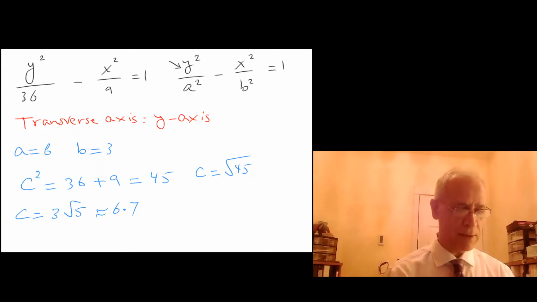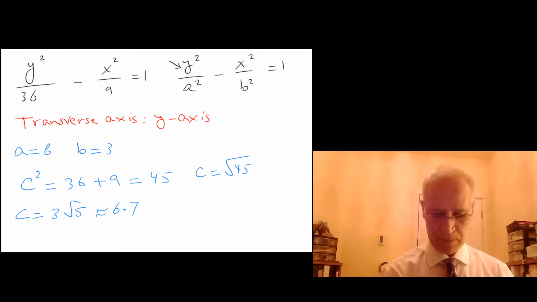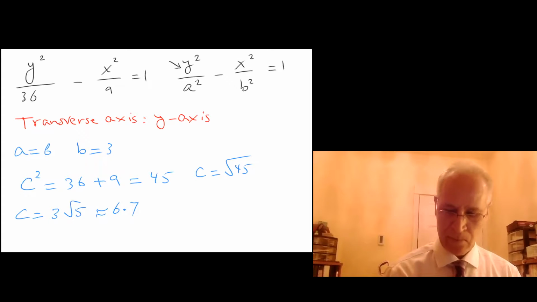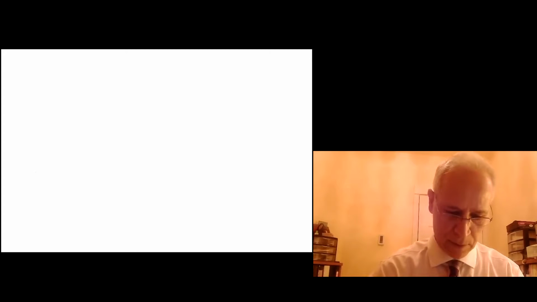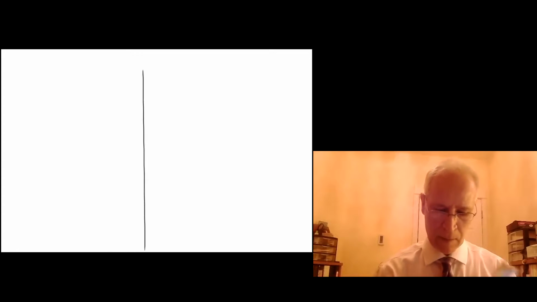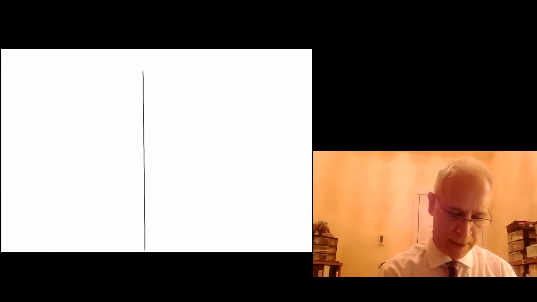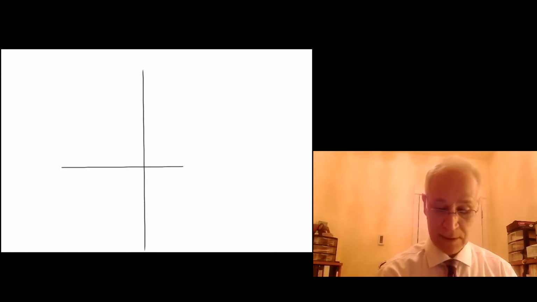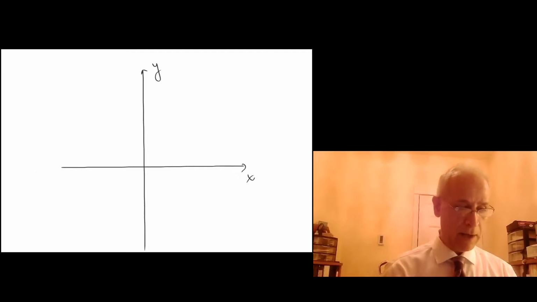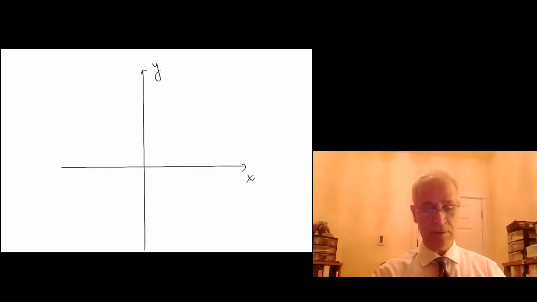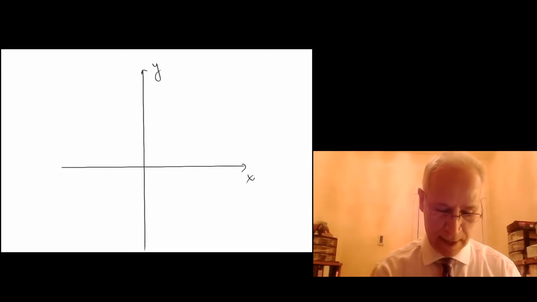Okay, let's go to the next page. Armed with this information, now let's graph this. I have to adjust my tick marks because the surface of my iPad is very small. So for x and y, I know I have to go 6 units up, 6 units down.